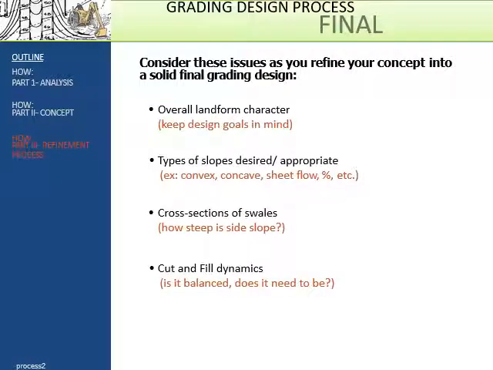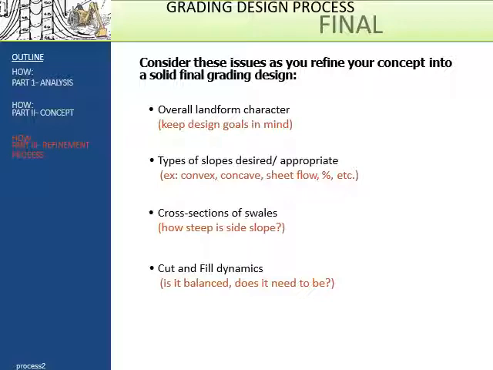As you're doing this refinement for your final, there are a couple of things you want to keep in mind, of course. The overall character of the landform: is it meeting the goals that you had in mind from the first couple of slides that we had? The type and desire of the slopes. Are they concave, convex? Do they create sheet flow? Do they create swales? The cross section of the swales.